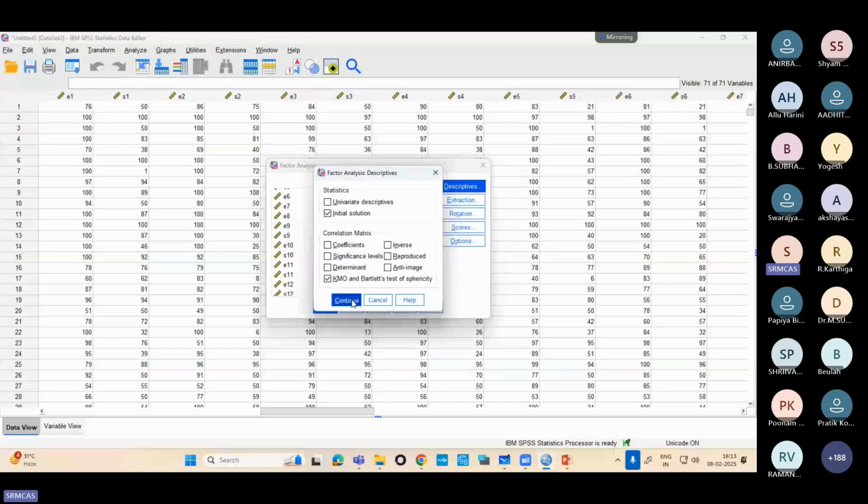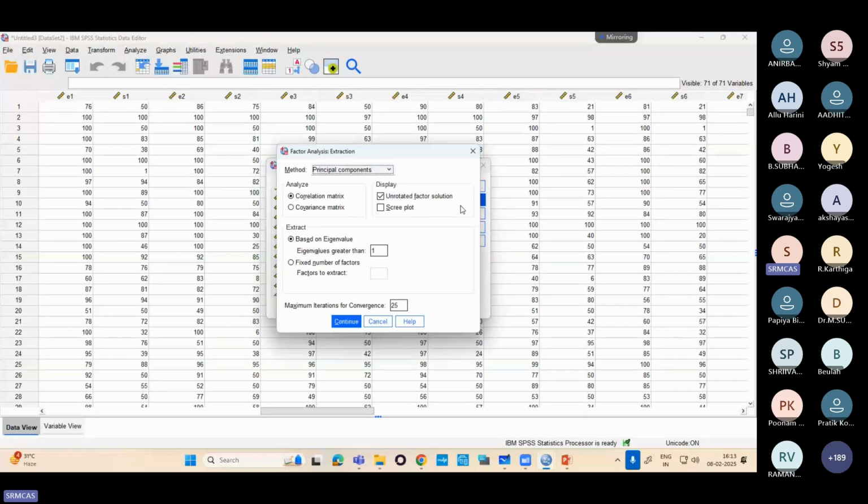Then click continue. Then click extraction. Principal component will be used as the extraction method, and the criterion for selecting the factors is eigenvalue should be more than one. If you don't want to use this criterion, you can fix the number manually, one or two or whatever.